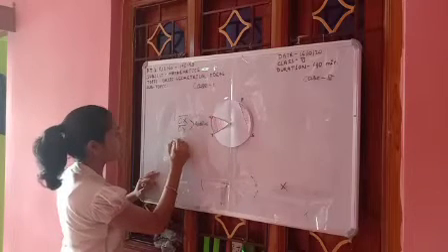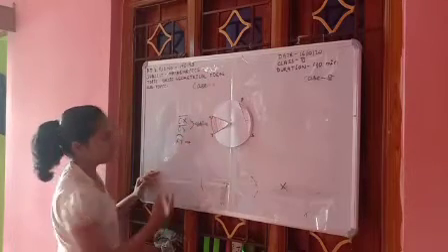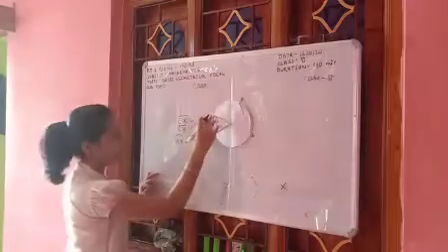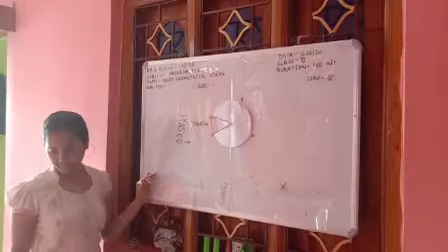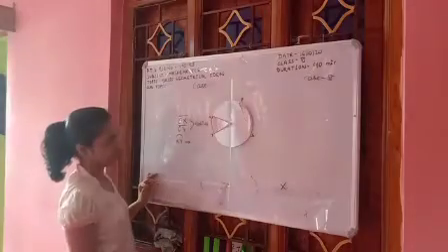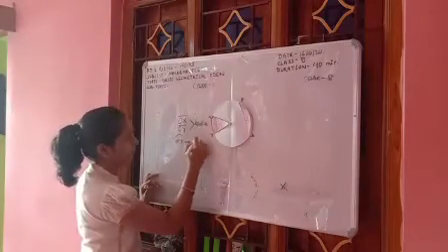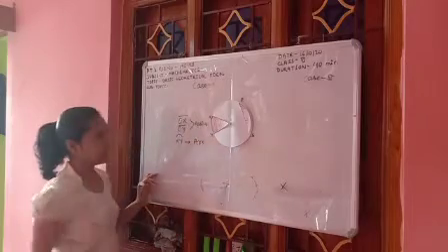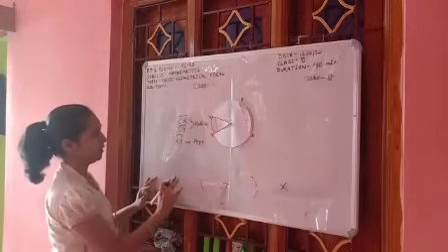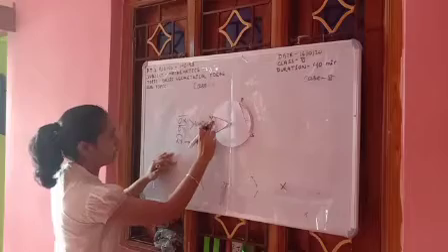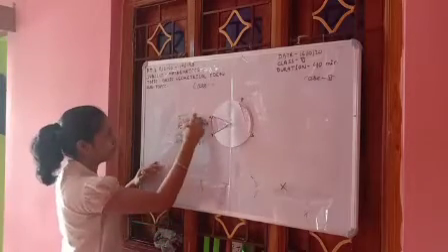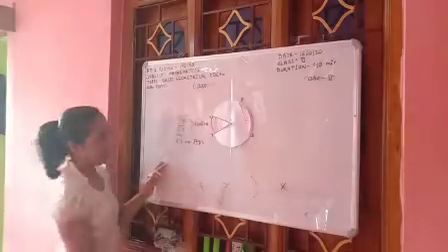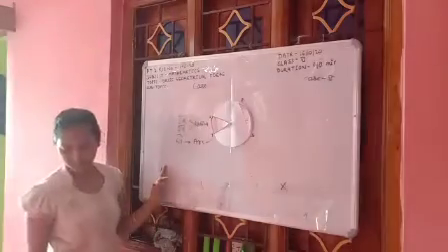And XY is the chord of this circle. This is the arc. This type of shape is made up of 2 radii and 1 arc.